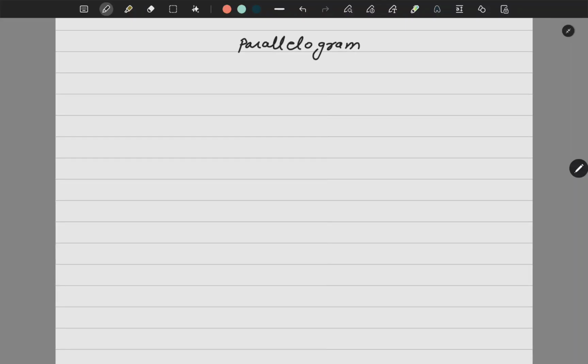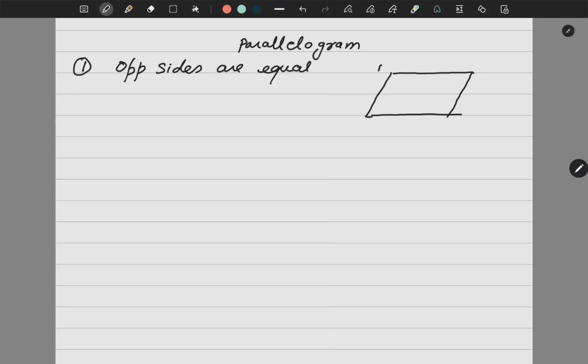In a parallelogram, the very first thing I have is opposite sides are equal. Okay, so opposite sides are equal means if I make it like this, my A, B, C, D. So I can say that AD is equal to BC and AB is equal to DC.